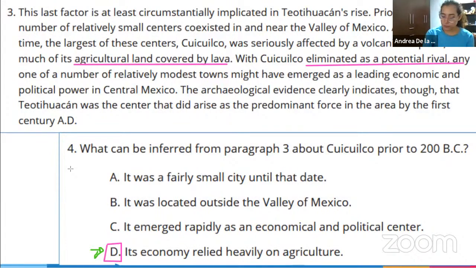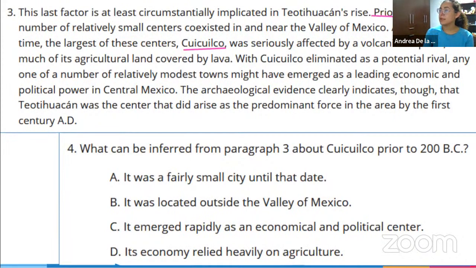So before drawing any conclusions, you're going to read and search for information about Quiquilco prior to this date. It works the same way. You look for the keywords, probably Quiquilco and 200 BC, and then you search for those keywords in the text. That's everything that we have.